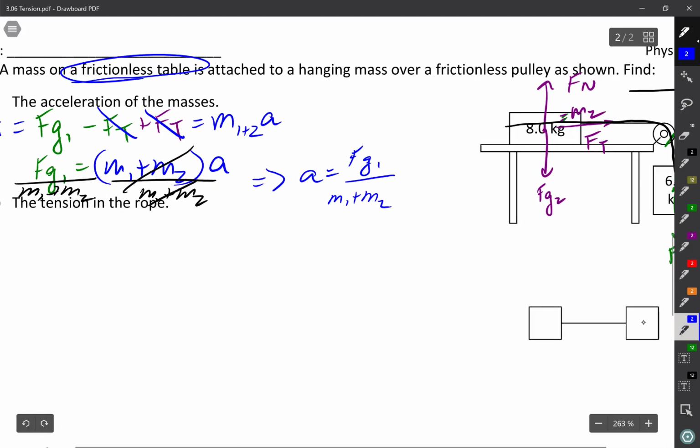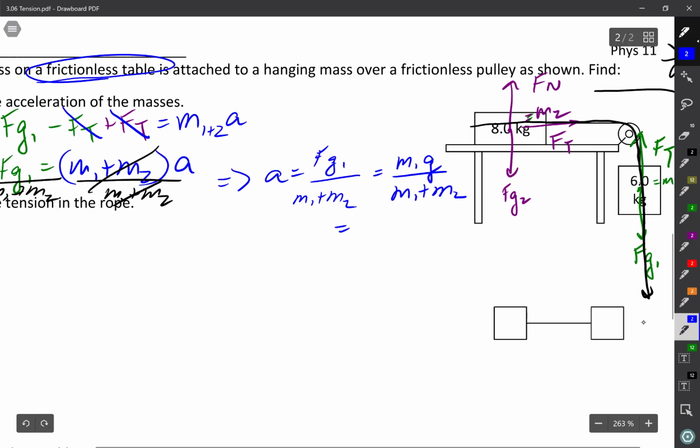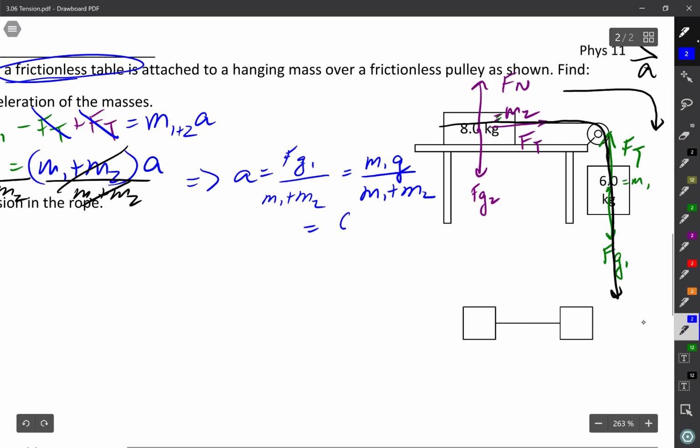Fg1 is m1 g, so that's m1 g divided by m1 plus m2. Mass 1 over here is our 6 kilograms times 9.81, divided by 8 kilograms plus 6 kilograms.